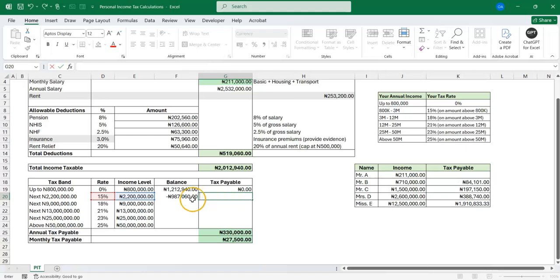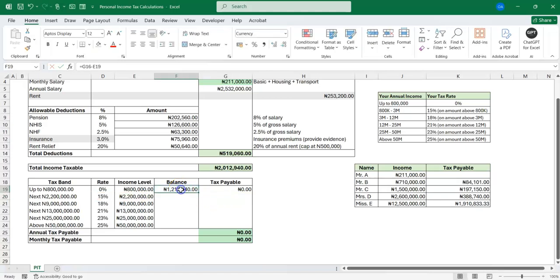Let me calculate from the beginning so that you see it. And then we know that the first one is going to be this amount minus 800,000, and then we have it to be 1.2 million. Now 1.2 million is lesser than 2.2 million.